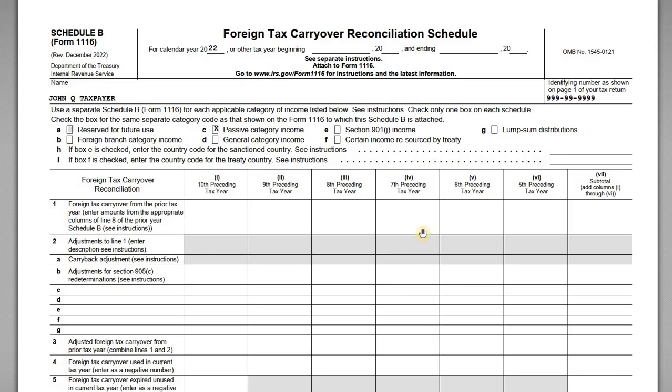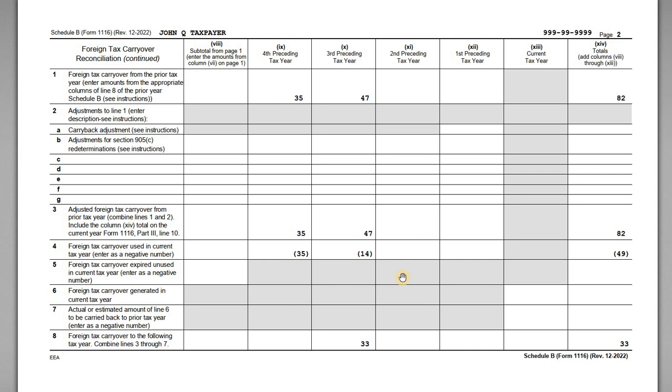So on the roll forward worksheet, you start with the oldest year first. $49 is what we can use. So we can use all of this year because it's only $35. So we use all of the $35. So FTC used in current year, 35. And then if we remove the 35 from the 49, we have $14 left over that we can pull from this year.